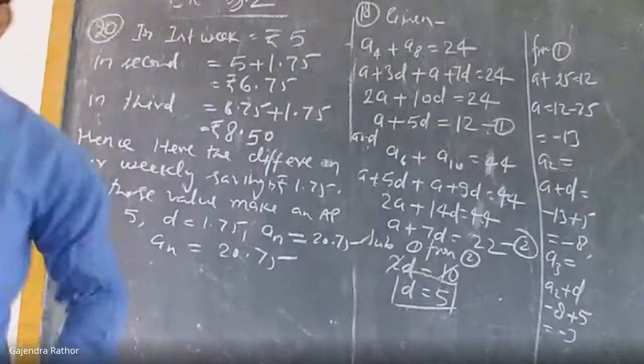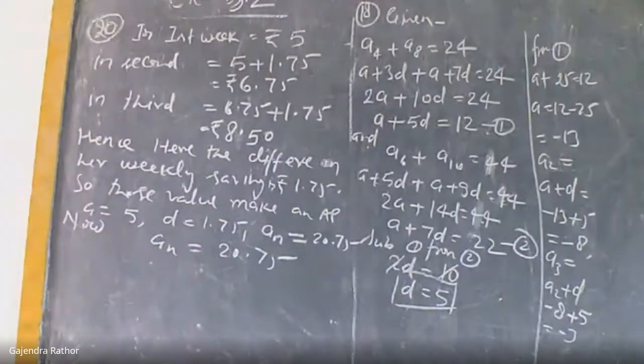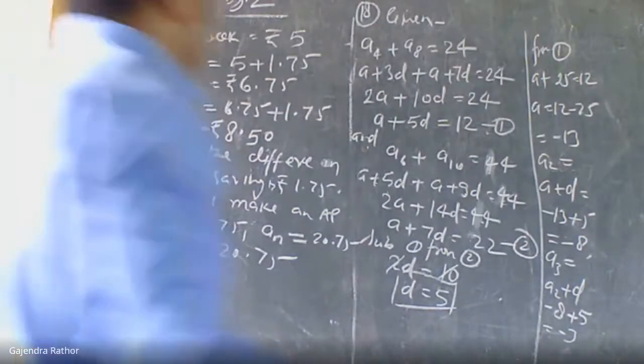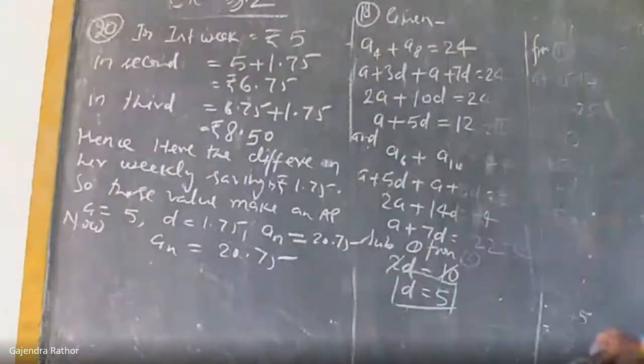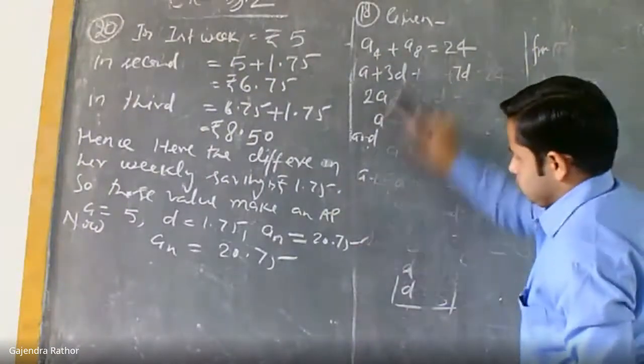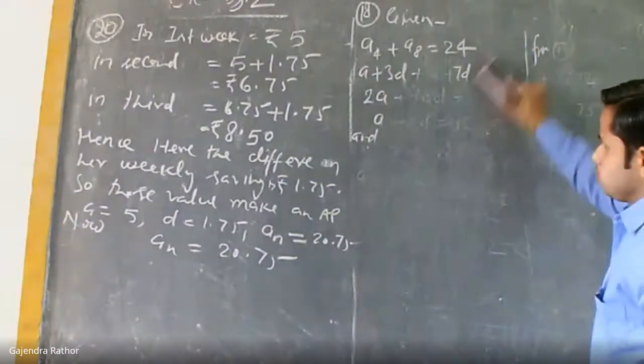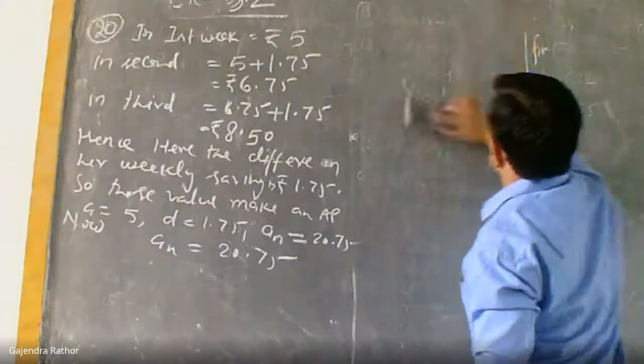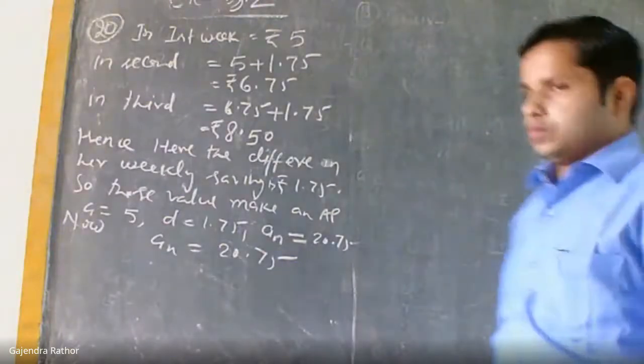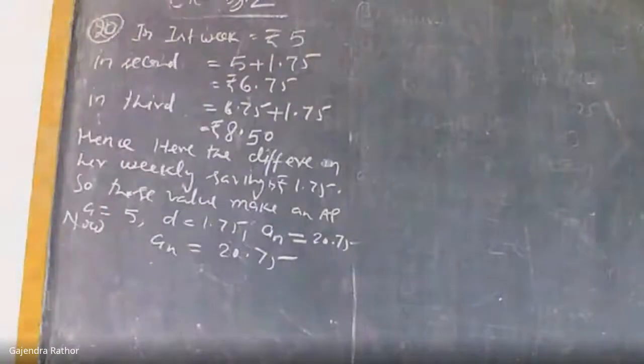Apply the formula of An and find out the value of n. Correct answer, n is equal to 10, which means in the 10th week her saving will become 20.75 rupees.